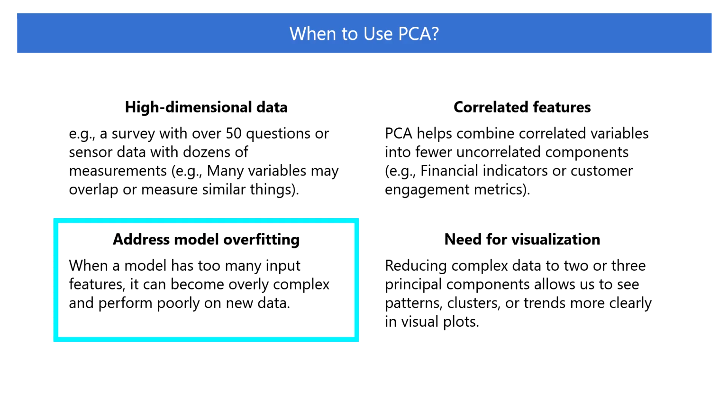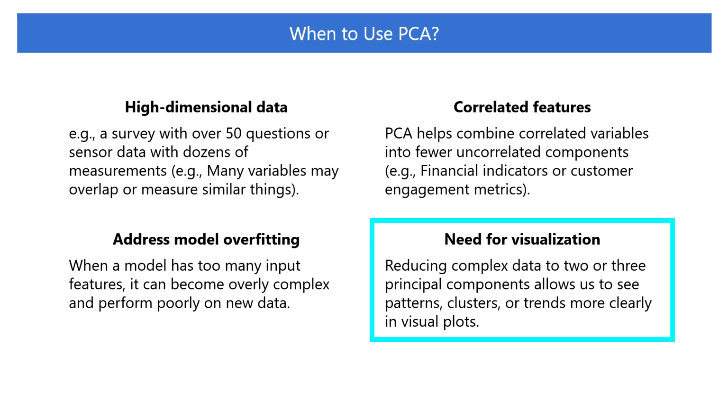Third, PCA helps address model overfitting. When a model has too many input features, it can become overly complex and perform poorly on new data. PCA reduces the feature space while preserving as much variance as possible, improving generalizability.